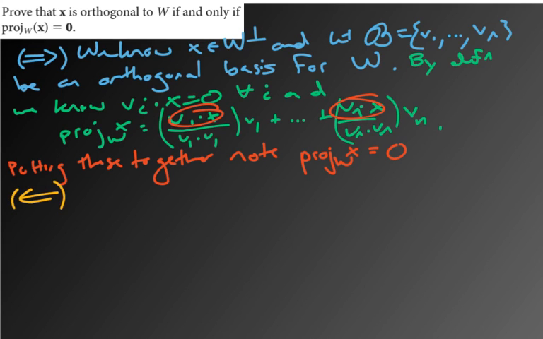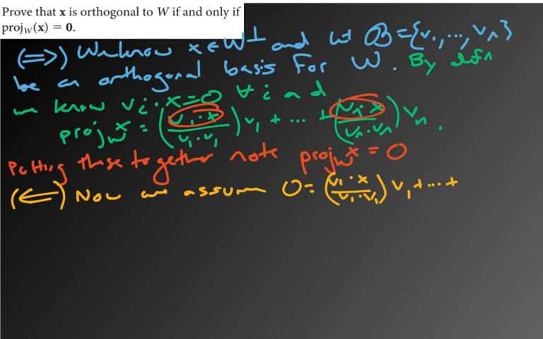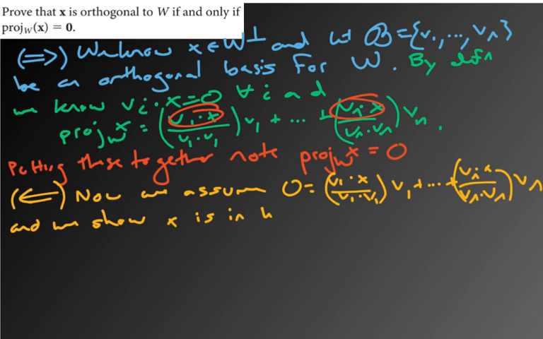The backwards direction is a little trickier. Now we assume that 0 equals v1 dotted with x over v1 dotted with v1 times v1, plus and so on, plus vn dotted with x over vn dotted with vn times vn, and we show that x is in W perp.